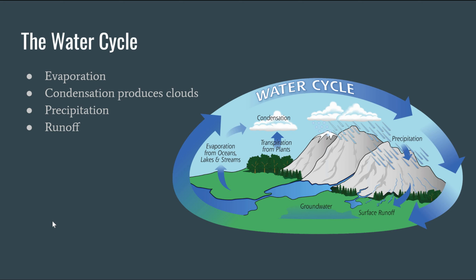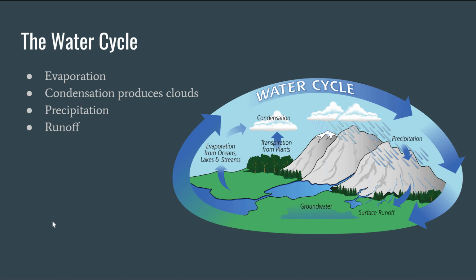In terms of the actual processes of water changing states, we can begin by looking at the diagram. The diagram is pretty intuitive in showing the flow of water, but let me explain some of the main phases. First is evaporation, a process whereby liquid water changes to a gas.